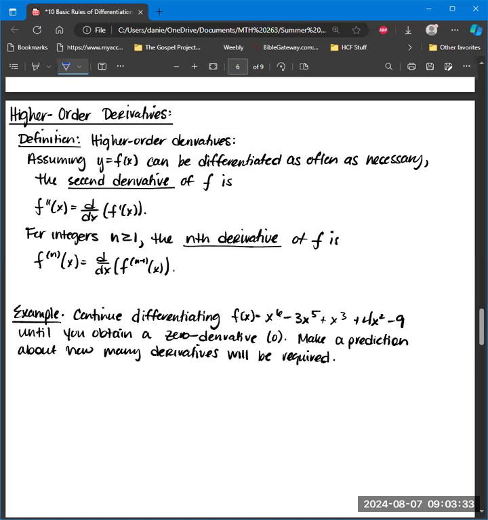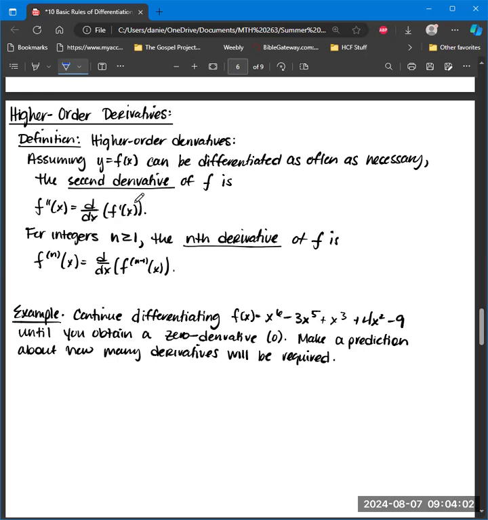Now we're going to talk about higher order derivatives, and that's going to be something where we take the derivative of a derivative, let's say. So higher order derivatives, assuming y equals f of x, can be differentiated as often as necessary. The second derivative of f is f double prime of x equals the derivative with respect to x of the first derivative of f with respect to x.